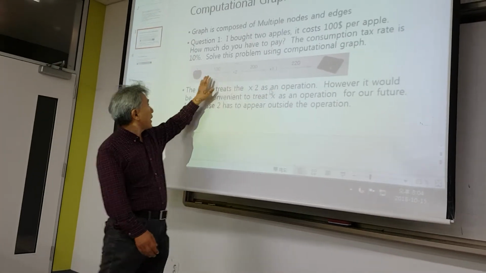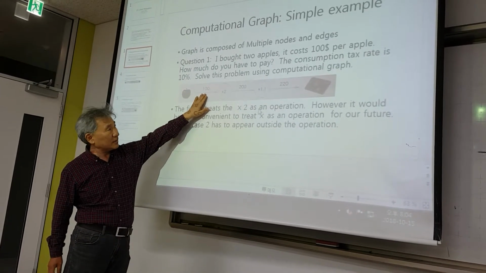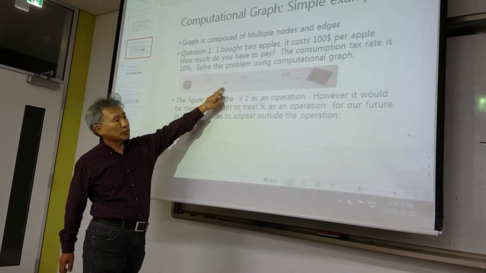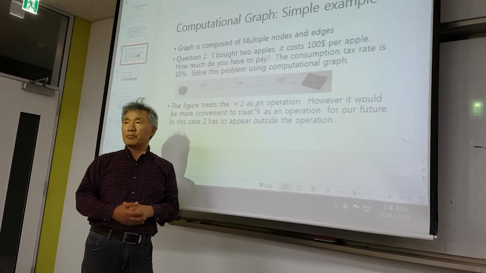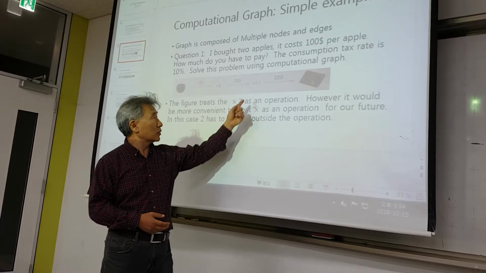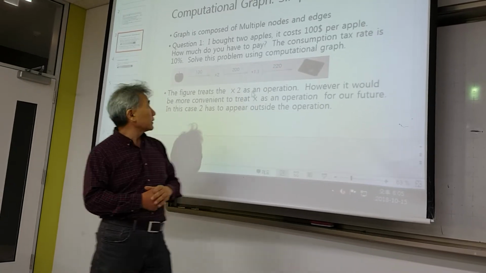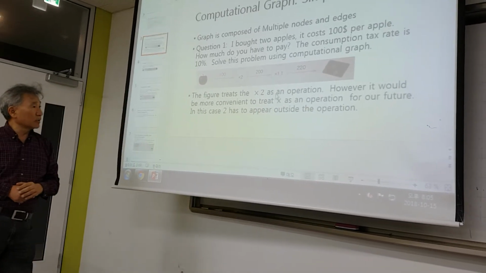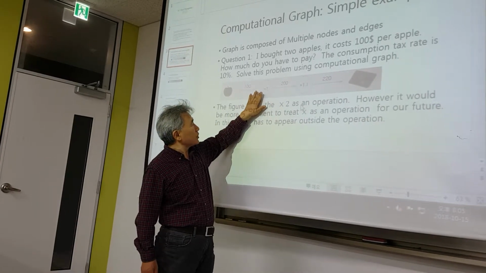The price of an apple is $100, and you buy 2 apples, and that will make it $200. However, you have to pay sales tax or consumption tax of 10%. So the total amount that you have to pay is $220. We call this an operation.